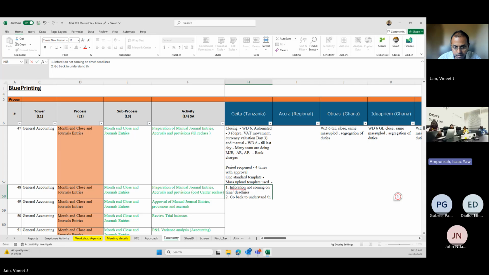What I mean is that they send the information, for instance for an accrual, and after you are done working on it, they come back with revised information, so you go back for the revised information.